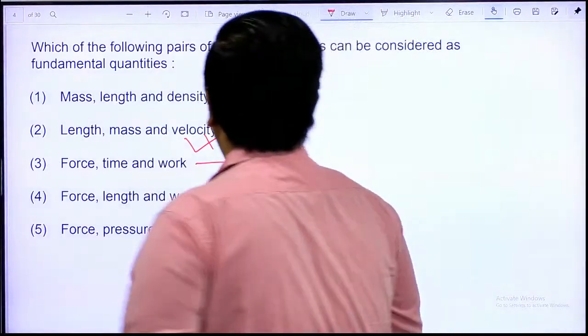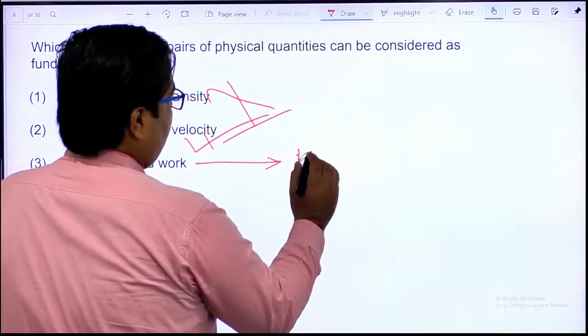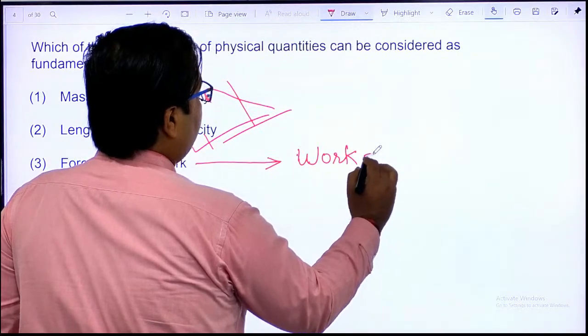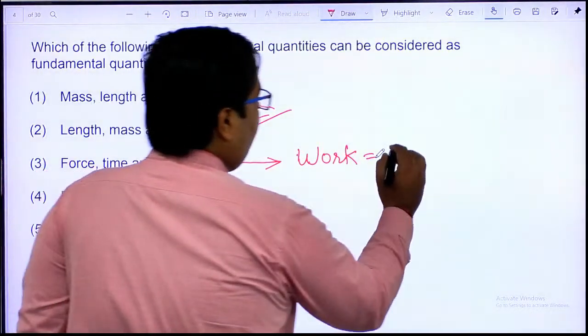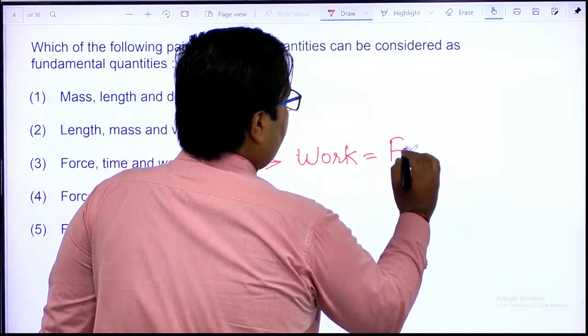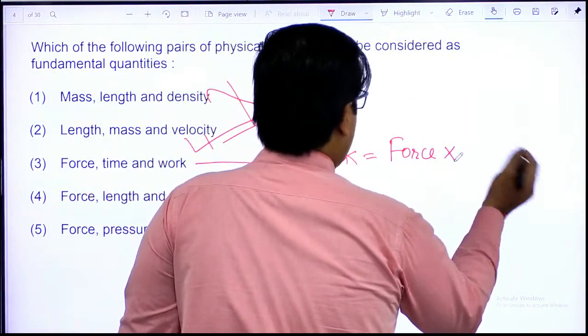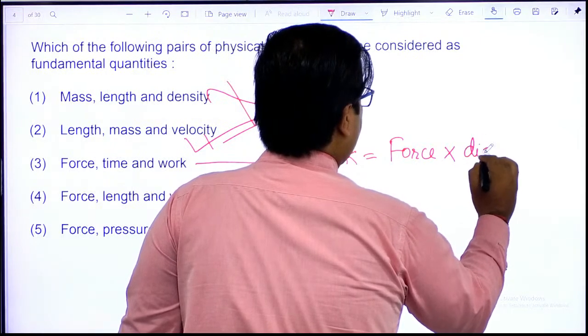So work is equal to force into displacement.